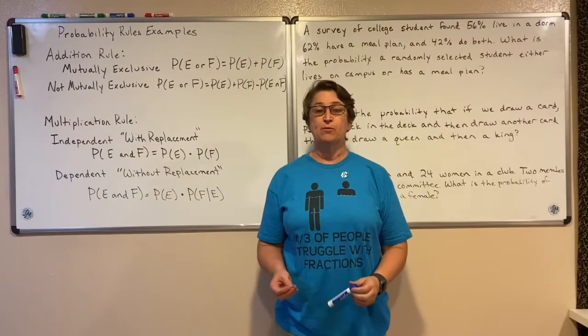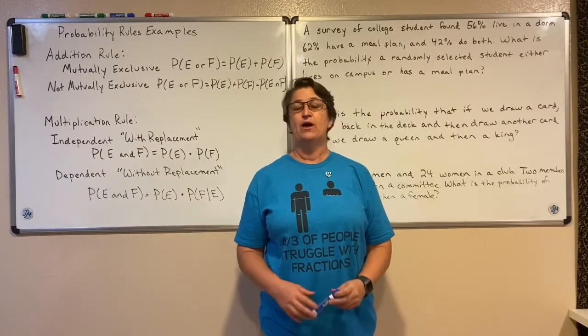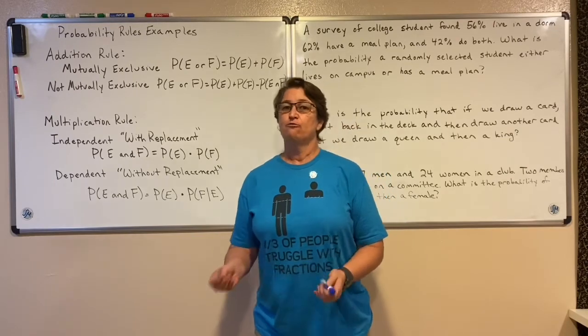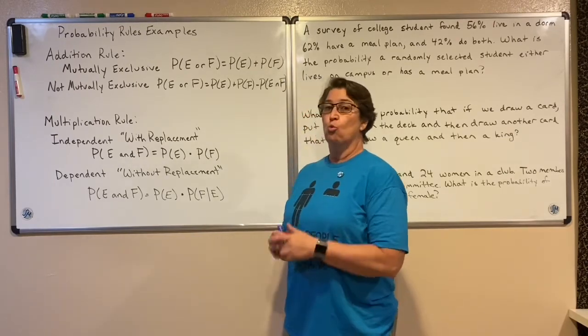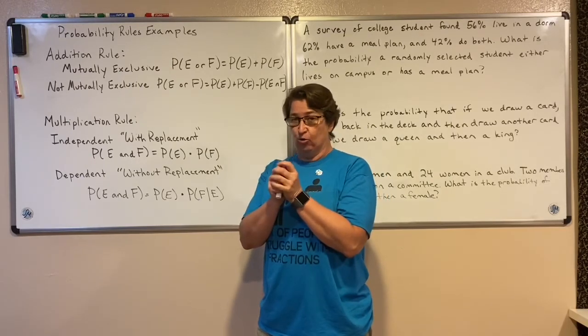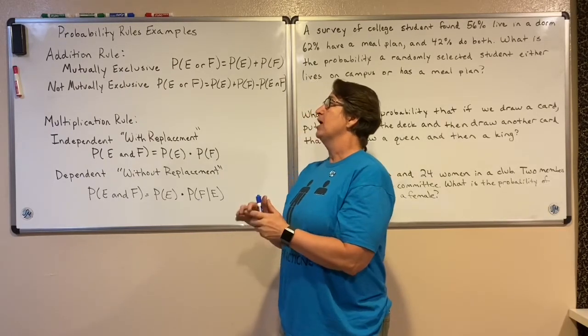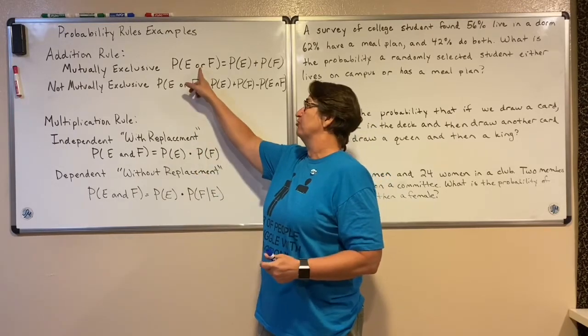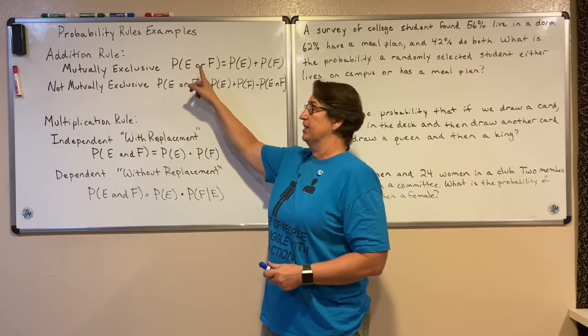Let's put these probability rules together now, and then do a few examples using those rules. First, when we have one experiment, one thing that we're pulling out, and we want to know if it's this or that, where we have this "or" in between when we set it up.